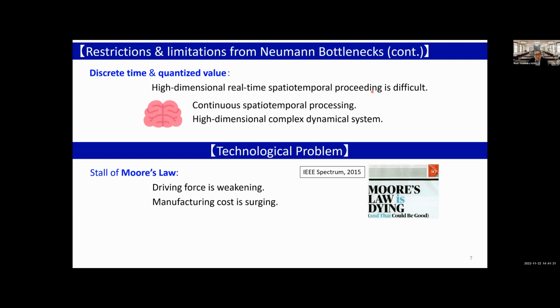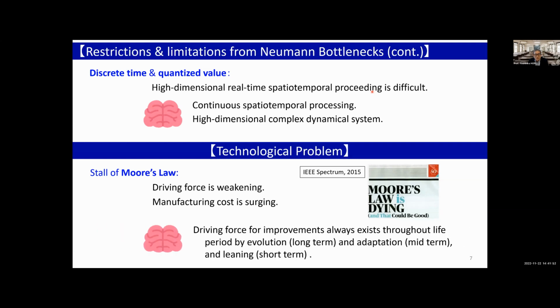Moore's law has long been the driving force of the development of digital computers, but it's stalling. Also, the manufacturing cost using state-of-the-art semiconductor processes is very expensive right now. It's surging, actually, and this will be one of the technological problems.